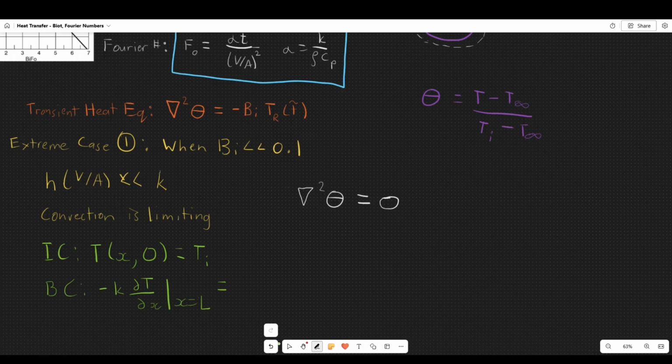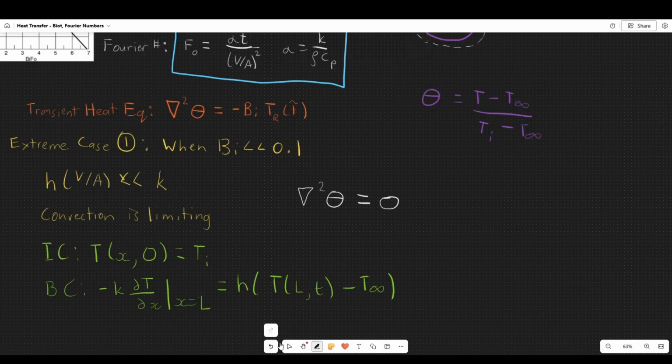So this is going to be equal to the convection, which is h times T of L, t, the temperature at the outer position, because convection is only happening at the outer surface of the slab, minus T infinity. Perfect. So we're basically saying that the heat flux that goes through the slab must equal the heat flux that's coming out through convection.